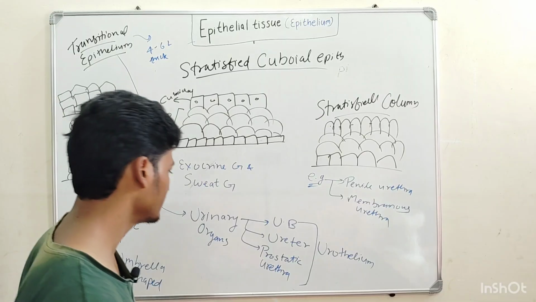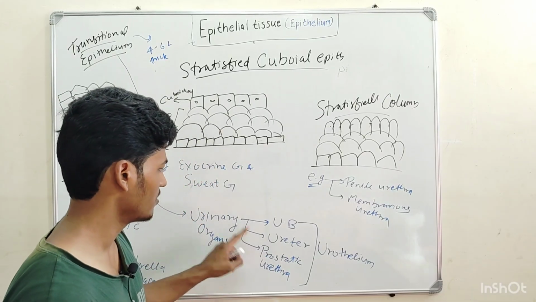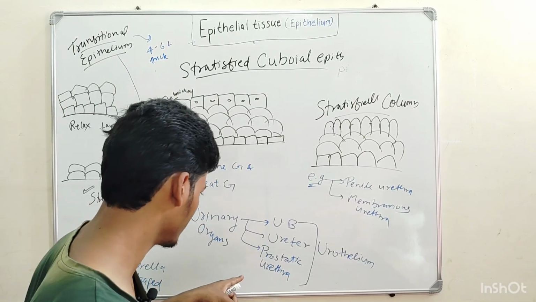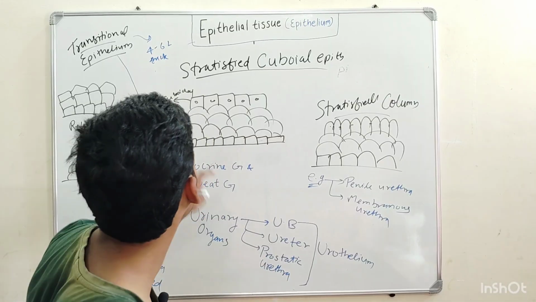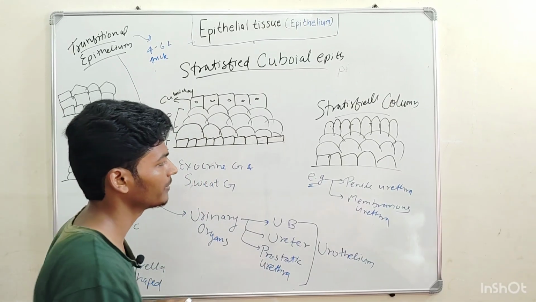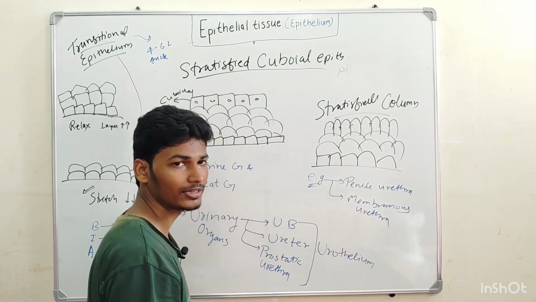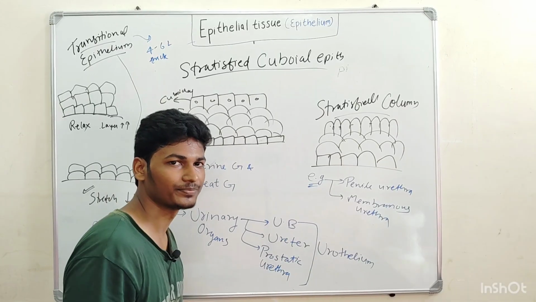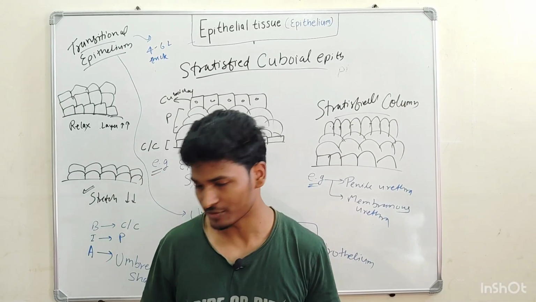So this is the transitional epithelium. Always remember, don't be confused. The prostatic urethra is part of the transitional epithelium, but the penile urethra and membranous urethra are what? Stratified epithelium. So don't get confused.